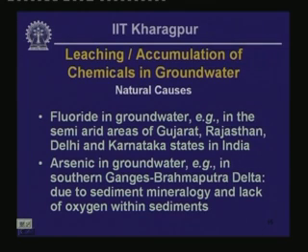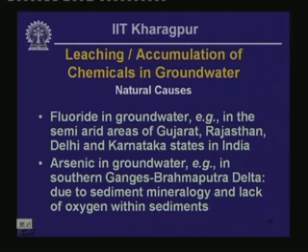It could be because of natural causes, such as fluoride in groundwater, and fluoride occurs in abundant quantity in the semi-arid areas in Gujarat, Rajasthan, Delhi and Karnataka in India, or arsenic in groundwater, such as those that occur in profuse amounts in the Ganges Brahmaputra delta, covering the southern parts of the state of West Bengal and adjoining Bangladesh.